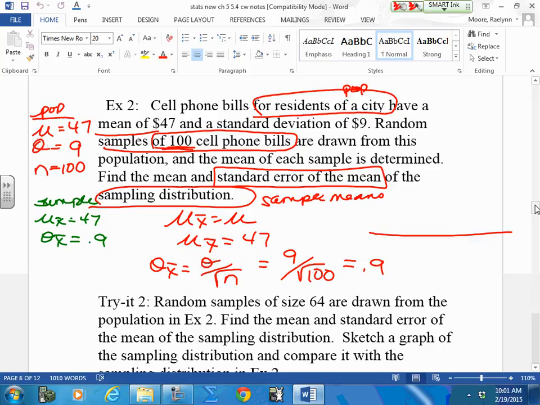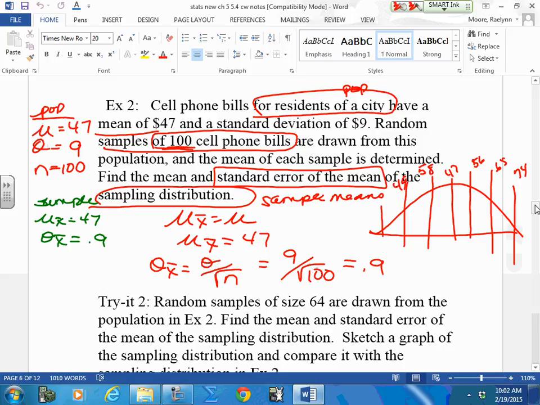Now, here's the difference also. Here's your original graph. 47, and we add 9. So 56, 65, 74. And we subtract 9. 38, 29. This is your population, right?